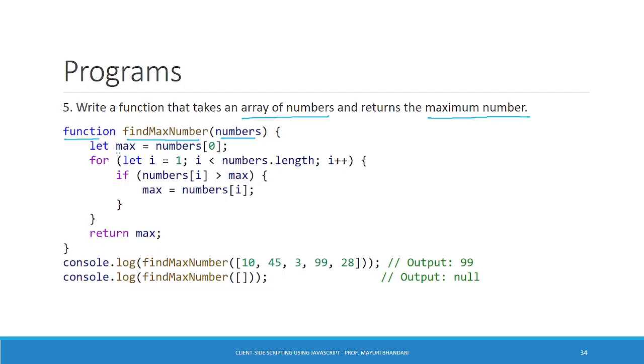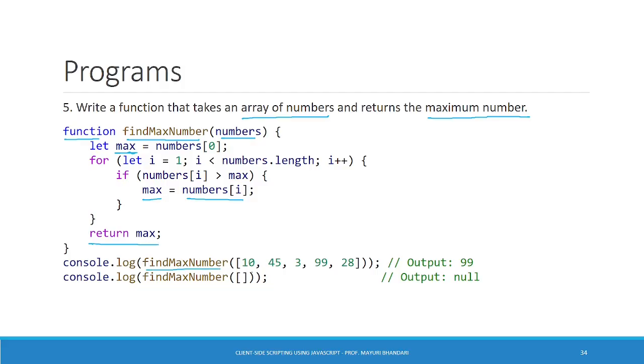Inside function, let us assign first value from that array to max, and then we will iterate over the array and compare one by one value from array with max. If we find some value which is greater than max, we will reassign max with that updated value, and when we reach the end of array, we will get maximum number from the array. That maximum number will be returned from the function.